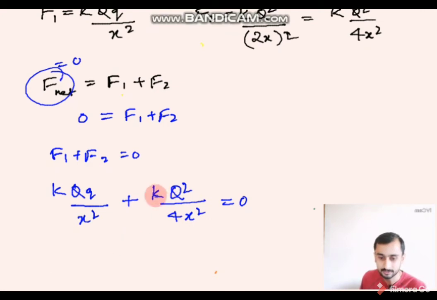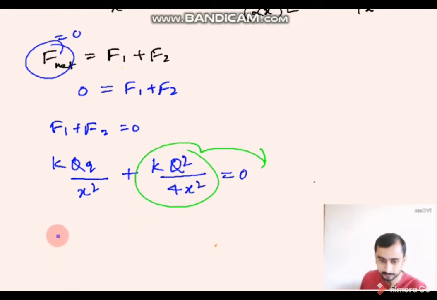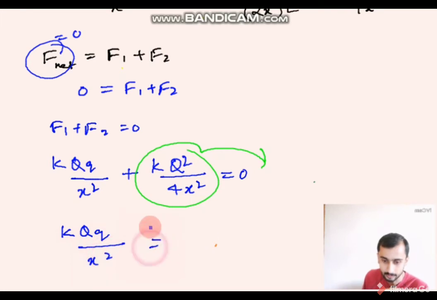Yes, just simplify this. You can take this complete term to the other side. So what do you get on simplification? k q divided by x square, and if you take this complete term to that side, it becomes minus k Q square, written as Q into Q divided by 4x square.